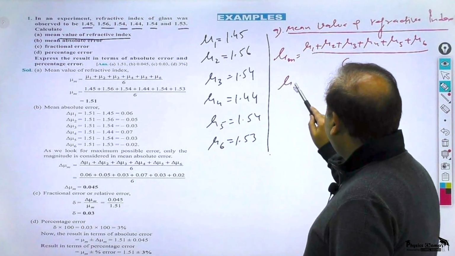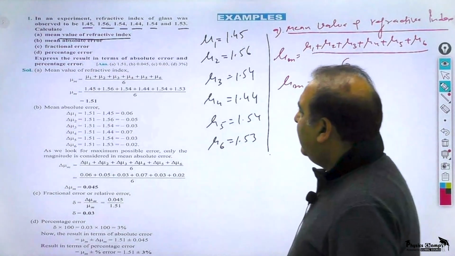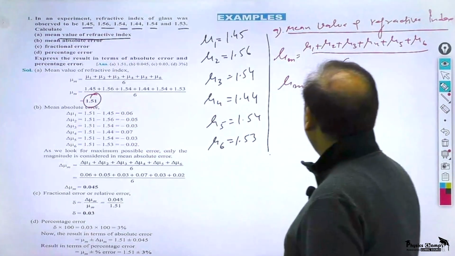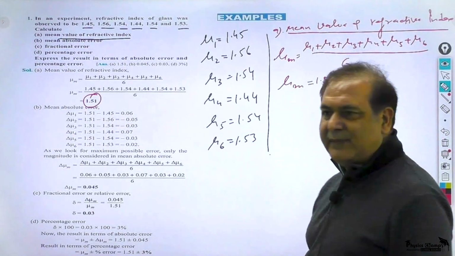So if I am interested in the mean value, we just write all these values, divide by 6 and we get 1.51, the mean value of refractive index.